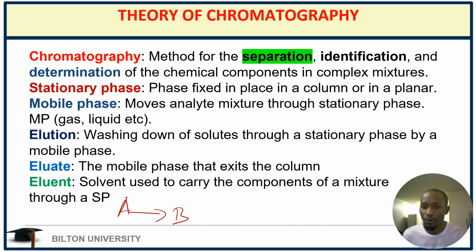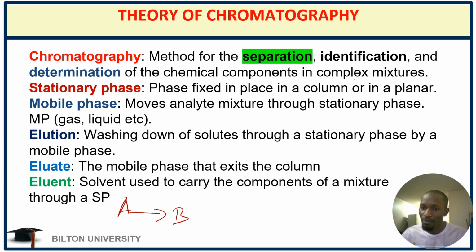So when we talk of chromatography, it's a separation technique that we can use to separate, identify, and determine different components within a mixture. Now, you can have a mixture that has different components, and these different components move or migrate from point A to point B at different times.